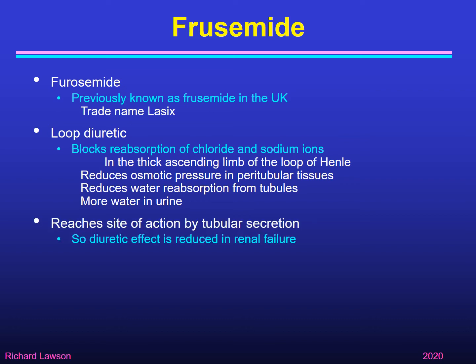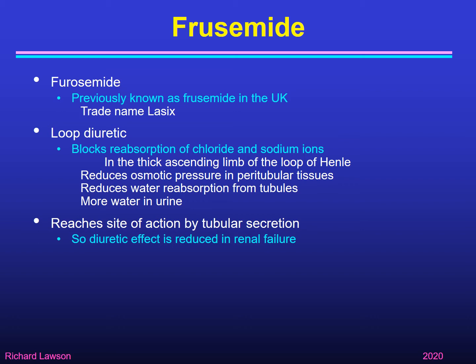So you have to realize that it reaches its site of action in the renal tubules only if it can get into the tubules, which it does by tubular secretion. So if we have a patient with reduced kidney function, or indeed in renal failure, then the effect of Frusemide will be reduced because it doesn't get into the tubules.